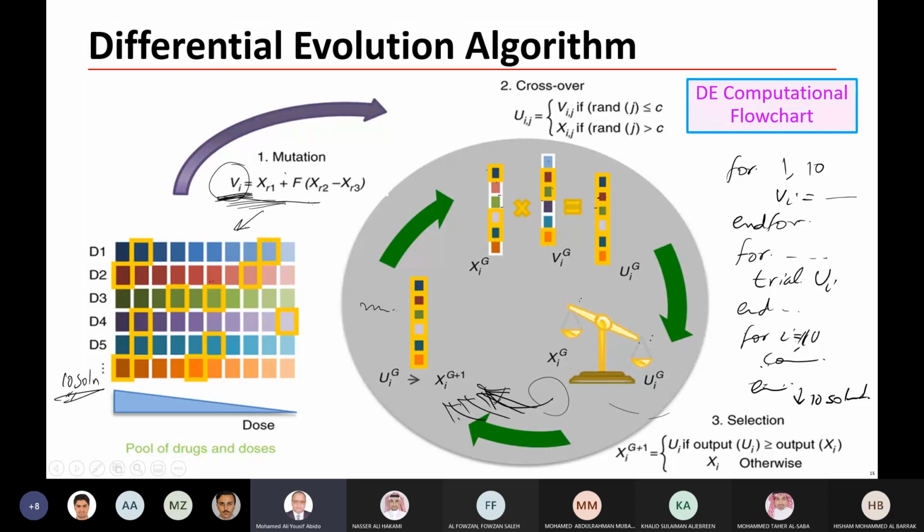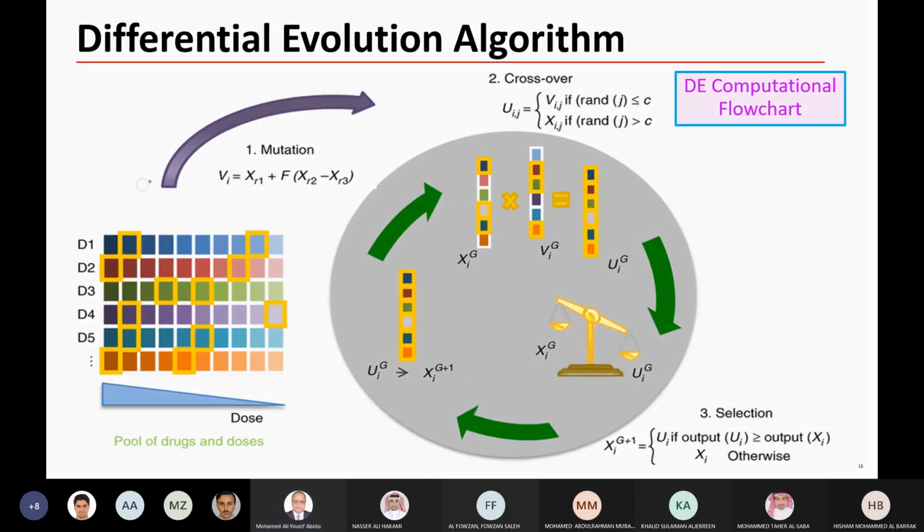The other way is to take only one for loop, from 1 to 10. You do mutation. You create Vi. You create a trial solution. You compare with Xi, and you select.